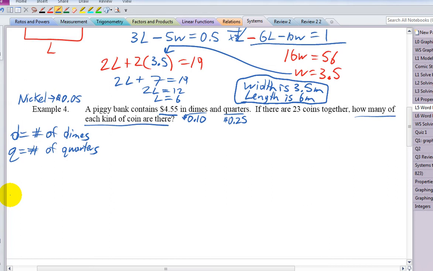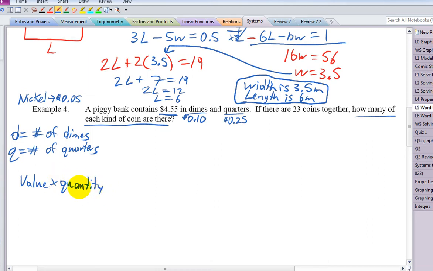What does 3 represent? The number of dimes. And we call that, there's a Q word for that, quantity. Okay. What's the 0.10? Value. Okay. So what we have here is value times the quantity.